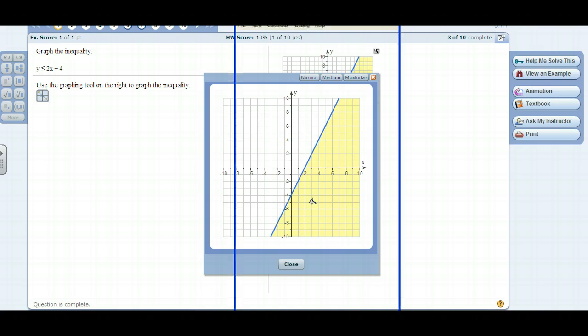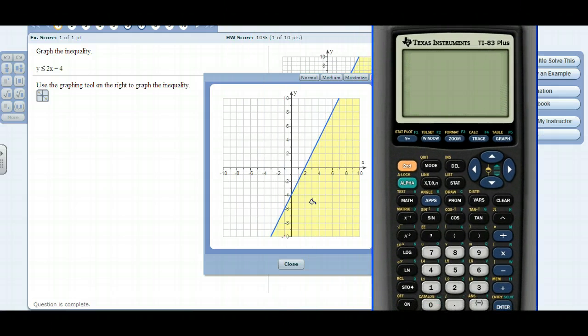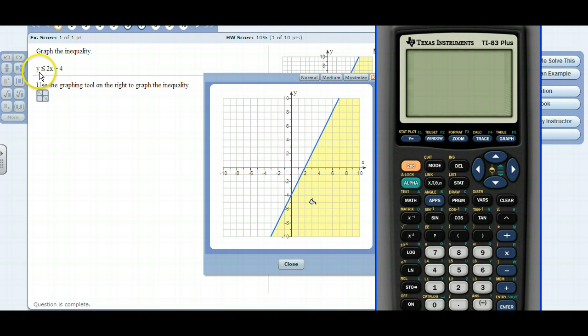Now the way this works here on your calculator, you isolate y. Y is already isolated here. So when I go into my y equals screen, I type in what's there. So 2x minus 4.